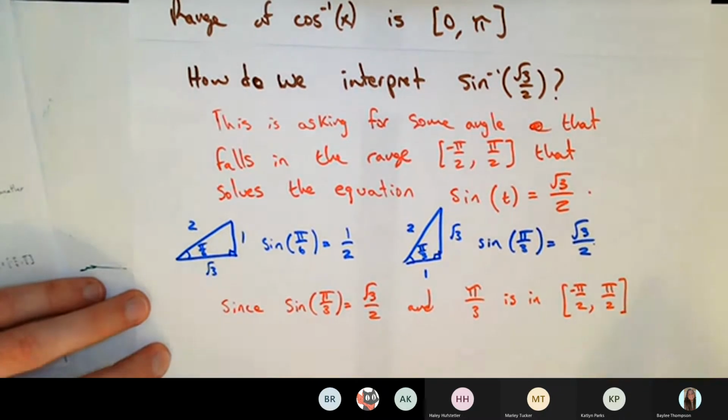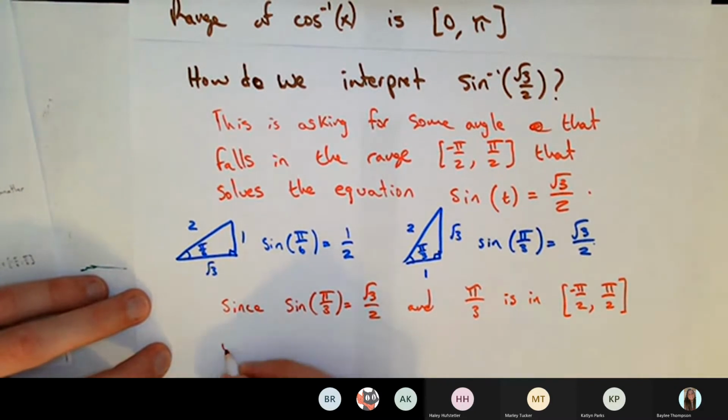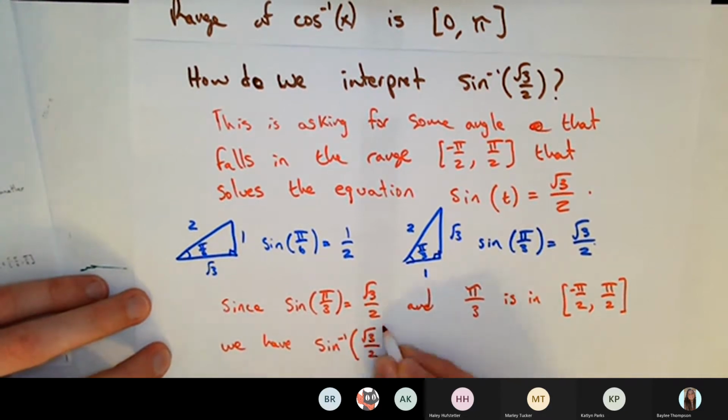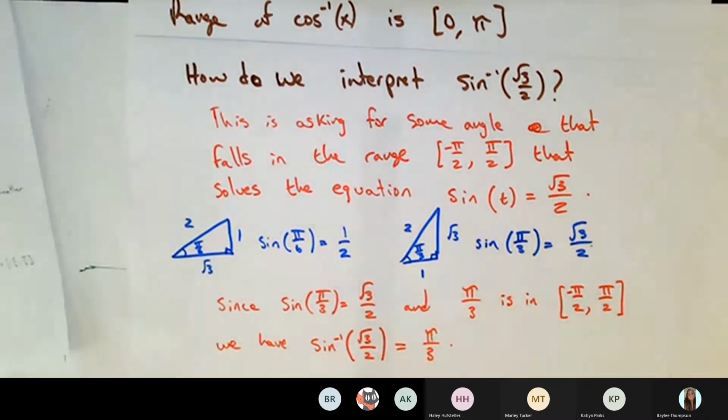Pi on 3 is in there because it's less than pi on 2, right? So since it's there and there, we have sine inverse of that y value of the coordinate point, the sine inverse function is going to spit out that angle pi on 3.